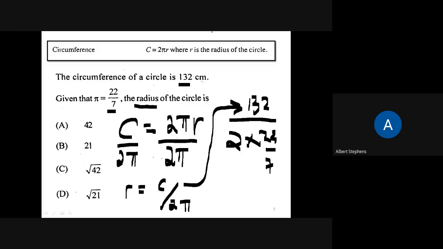By the way, you're not supposed to be using a calculator though. But tell me what you get still. It will be 21. Anybody work it without using a calculator and get 21?